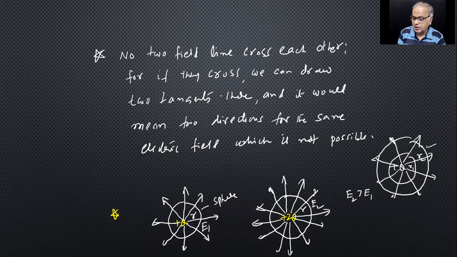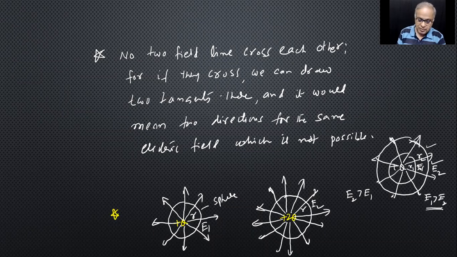Density of lines, you understand? The number of lines per area will be less here and more here. Once again, you can say E1 is greater than E2. But if I draw a few more lines also, it doesn't make a difference to the result of E1 greater than E2. Do you follow my point? For a single charge, when you want to compare the field at one point to another point, you can choose any number of lines.